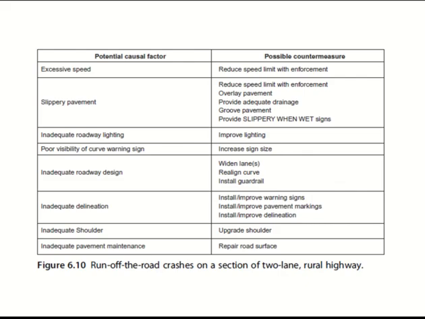Groove pavement and provide slippery when wet signs. So this is for increasing the friction of the pavement. So they make some extra, you can say like holes. They are not holes, but something which can provide more grip to the car, to the tires. And this is like a warning sign. Put a warning sign there.